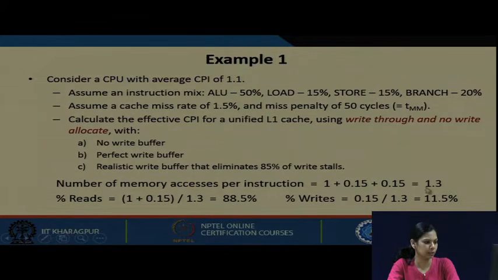So, the total is coming to 1.3. For all instructions, the instruction access is 1, and 15% for load and 15% for store.